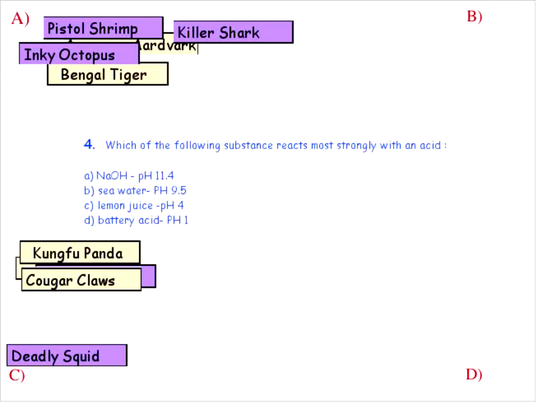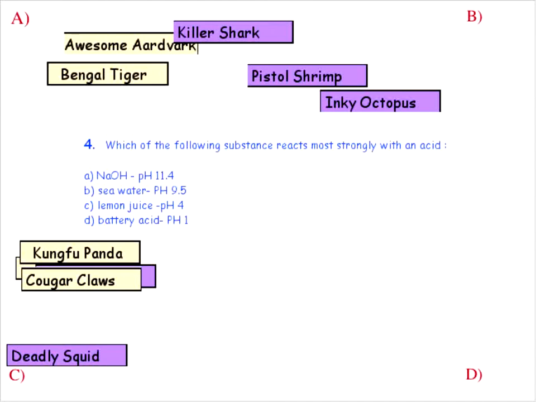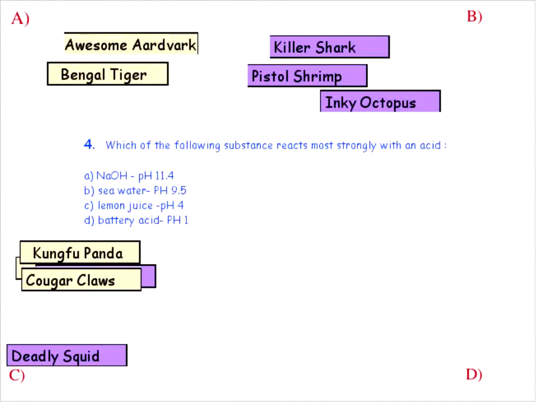Oh, now we got more A's. Okay, the answer is A. And so, let's see who has the most. We have Pistol Shrimp, Killer Shark, Sea Creatures got it. All right, Sea Creatures are off to a lead, 4-1. But there's lots of time, so.